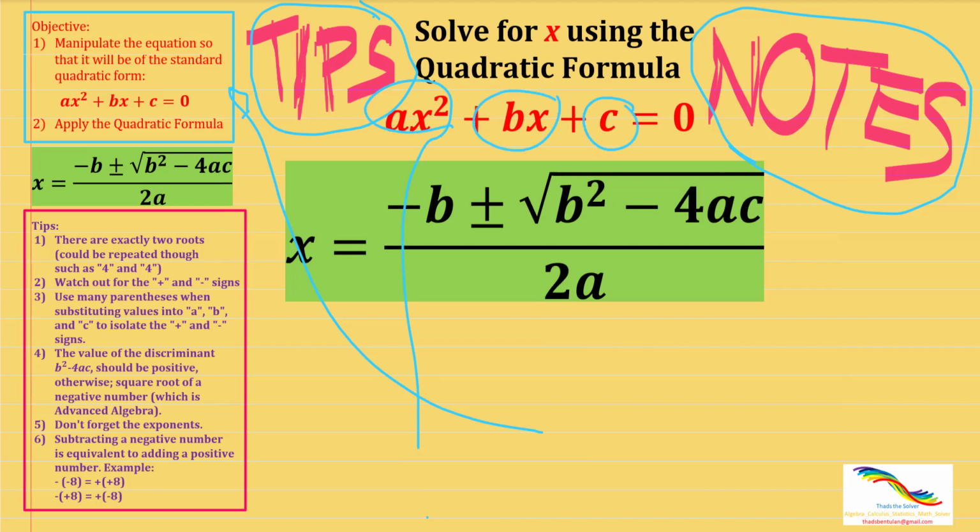A is the coefficient of the term x squared. B is the coefficient of the term x, and c is the constant. You must manipulate the equation so that it will be of the standard quadratic form ax squared plus bx plus c equals 0. And then once you have achieved the standard quadratic form, you apply the quadratic formula.